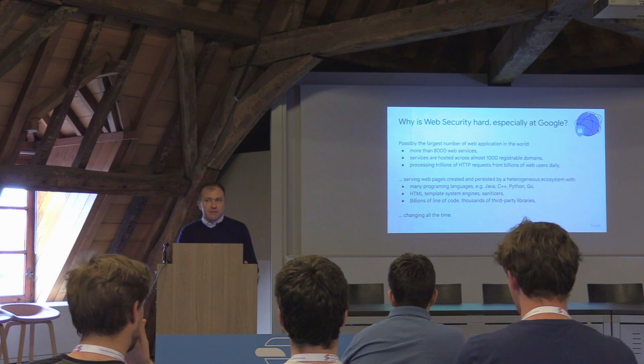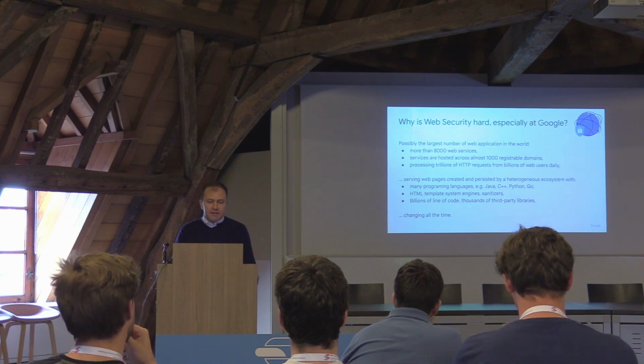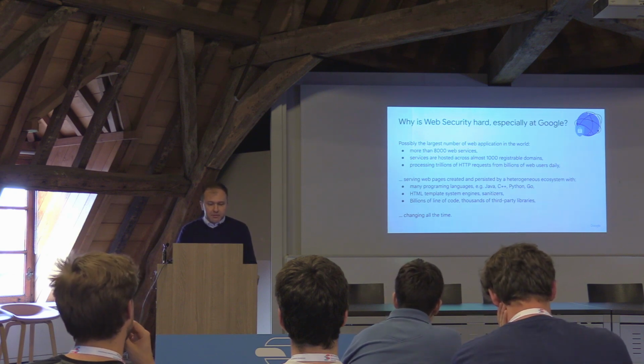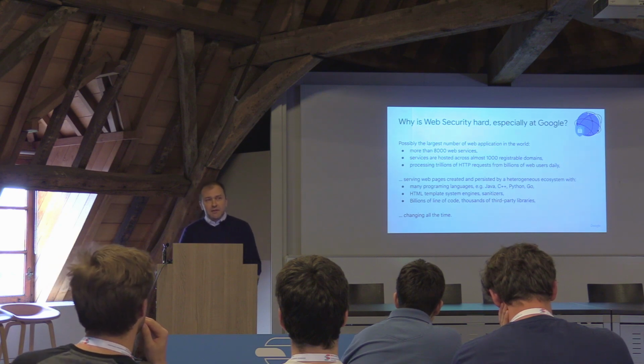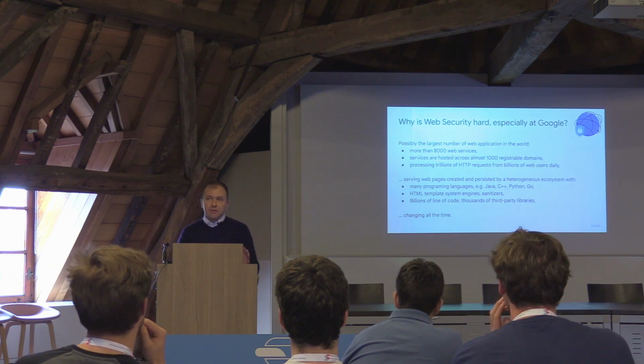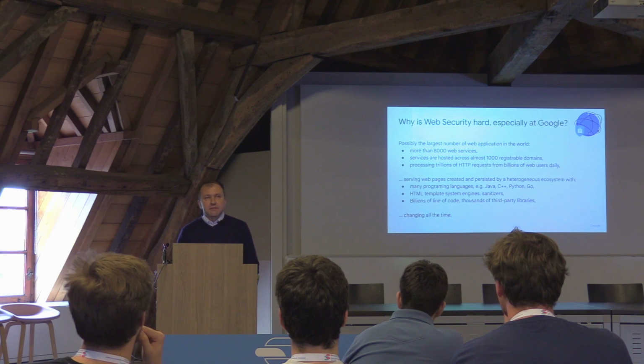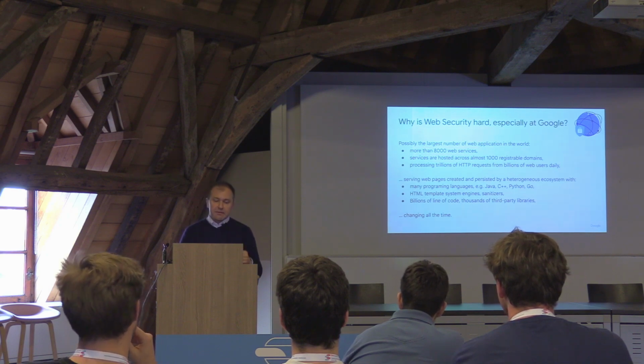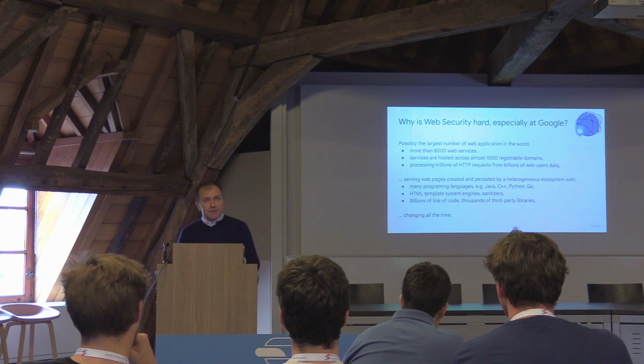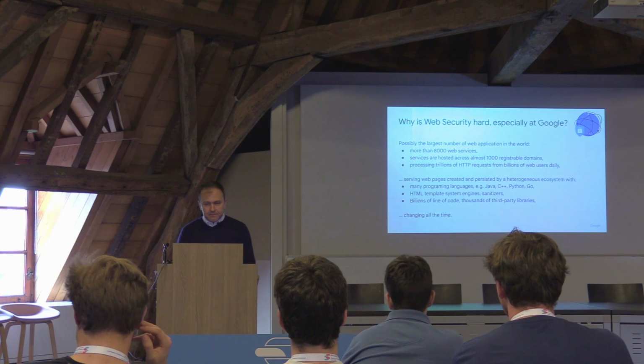Some of them we don't have a lot of control of. And the most important thing there, all of that is in motion. All this environment is evolving, is changing all the time. New code is added, old code is deleted, new dependencies are introduced, new vulnerabilities, new attacks, new mitigations are needed. So all of that is changing all the time.